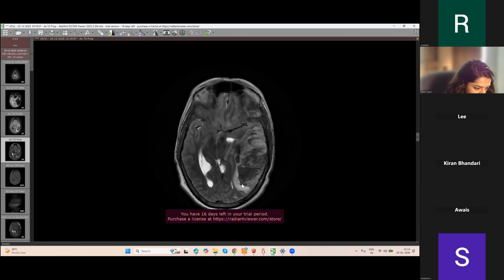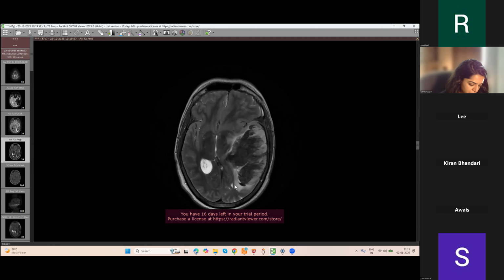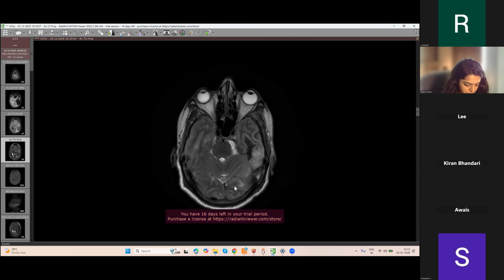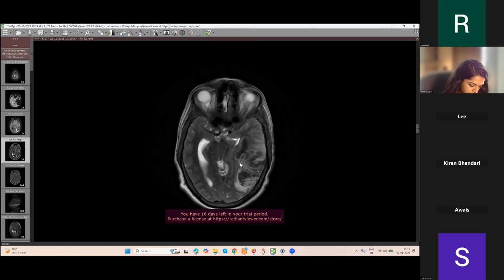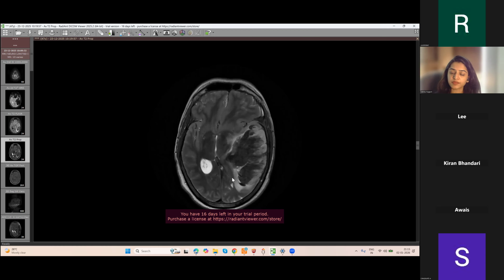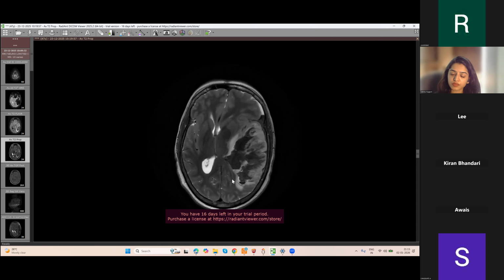It's basically a cortical subcortical based lesion that is causing significant midline shift and compression, and it is also causing effacement of the ventricle and contralateral dilatation of the lateral ventricle. Can I see the T1 weighted images and the post contrast images as well?